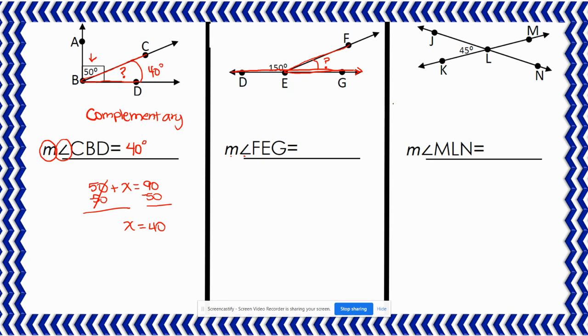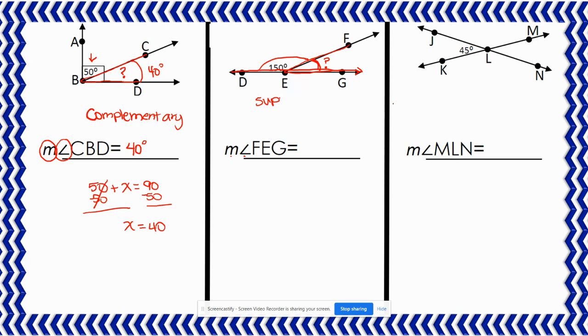Every straight line has a measure of 180 degrees. So the straight line is cut up by this one ray. But I know that both of these angles, so this one, which is 150, plus this one together, should give me the value of this straight line, which is 180 degrees.